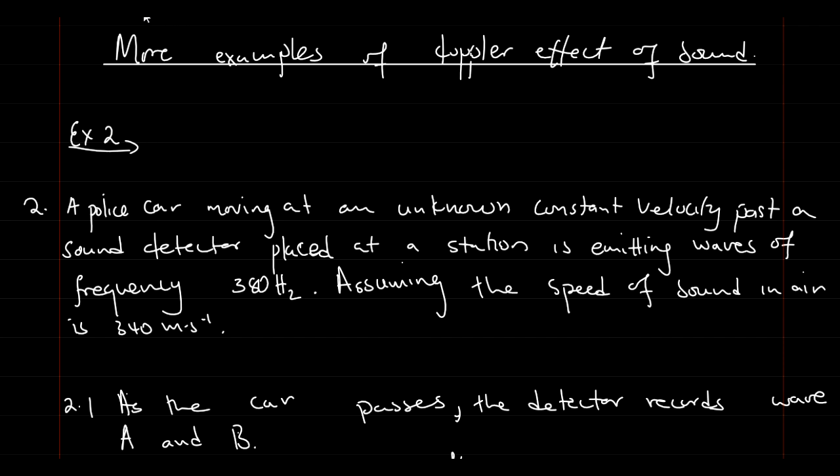So here we are seeing that the police car is the one that is moving, at an unknown velocity, past a sound detector which is placed. The sound detector's velocity is 0 and the velocity of the car is unknown.